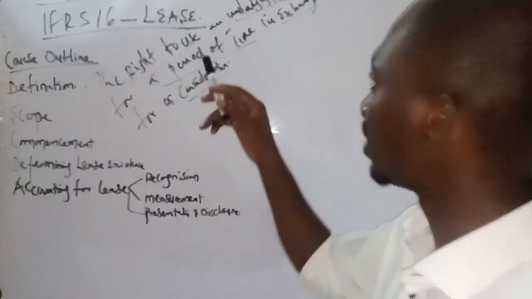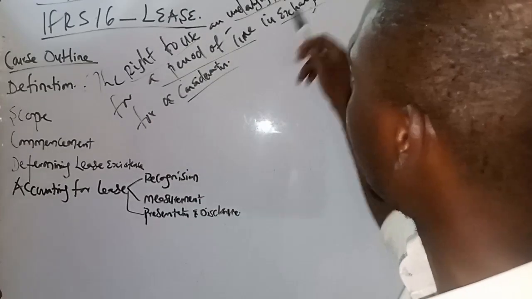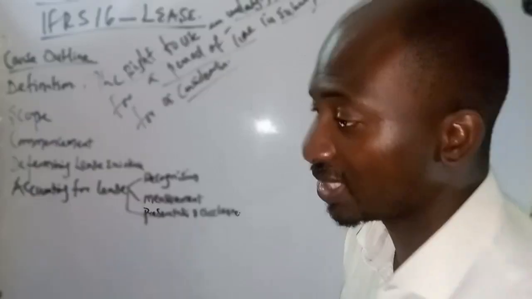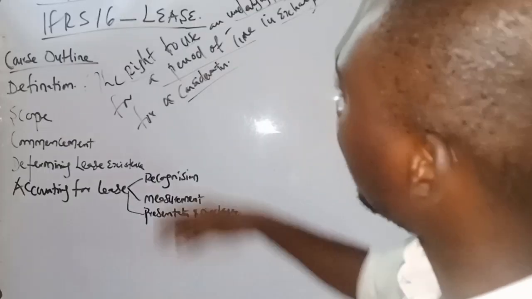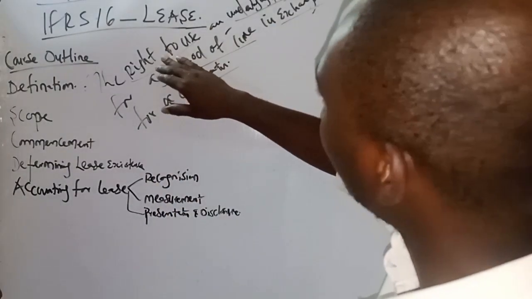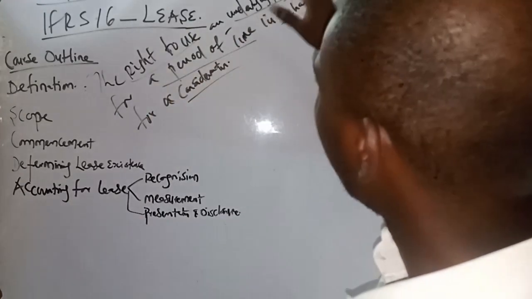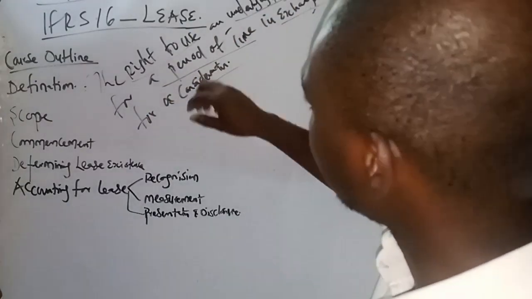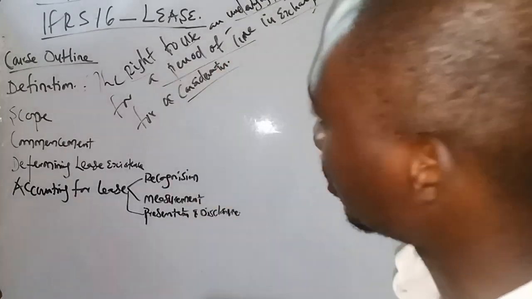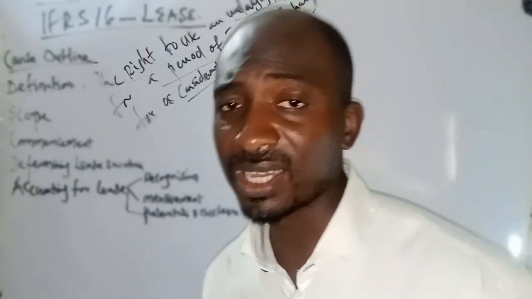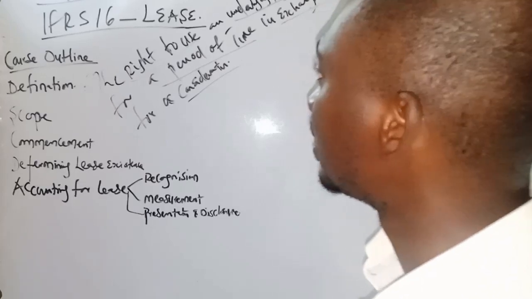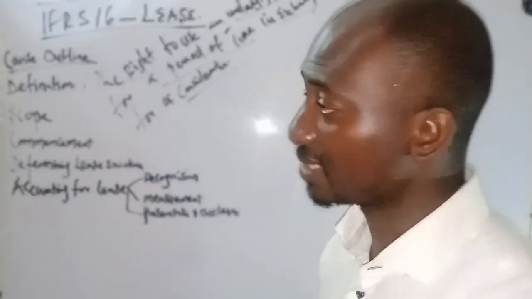So the right to use an underlying asset for a period of time in exchange for a consideration. That is the definition of a lease. Without these components, it is not a lease contract.